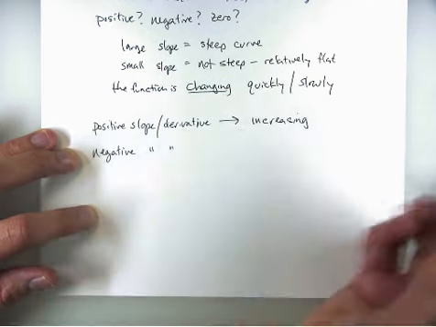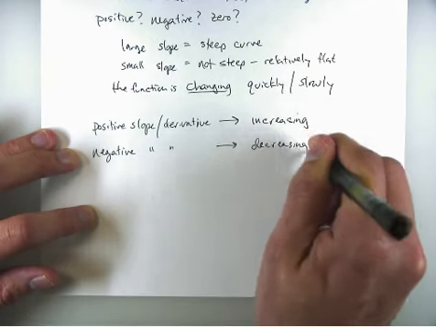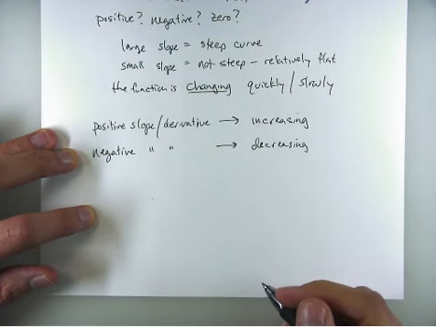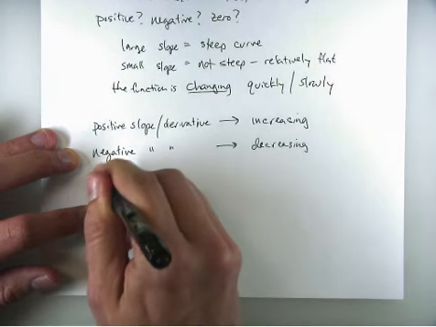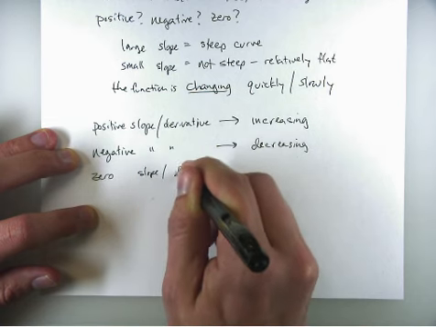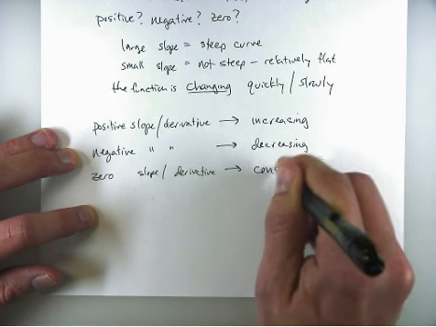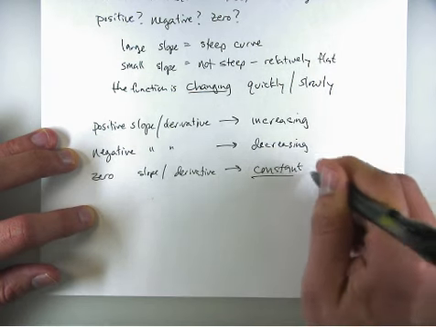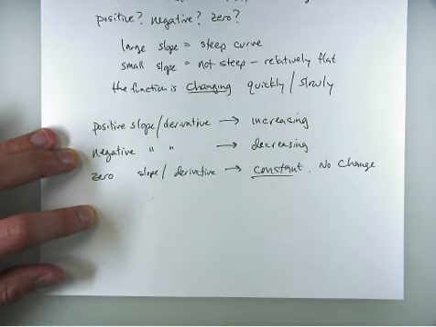Negative slope or derivative is going to mean decreasing. And again, the larger that number, the faster it will be shrinking. And a zero slope or derivative means that it's constant. No change.